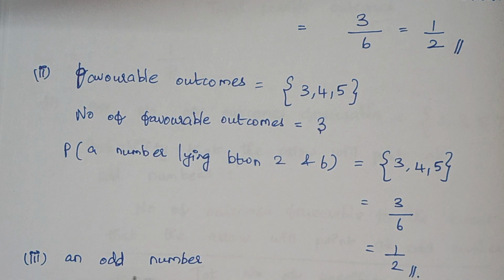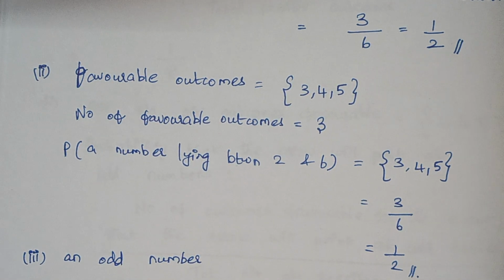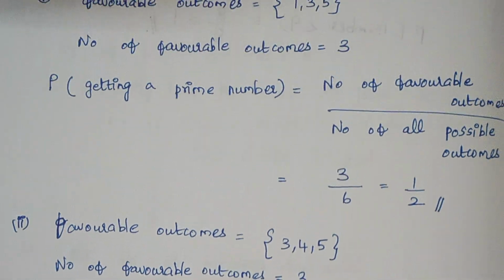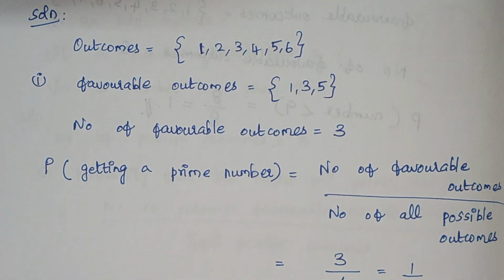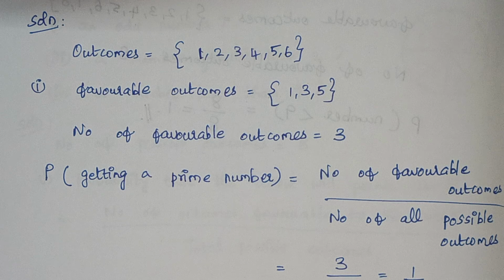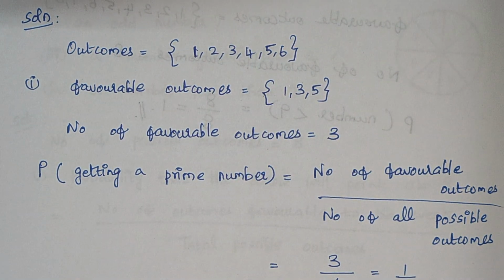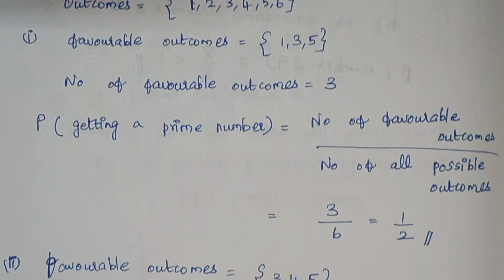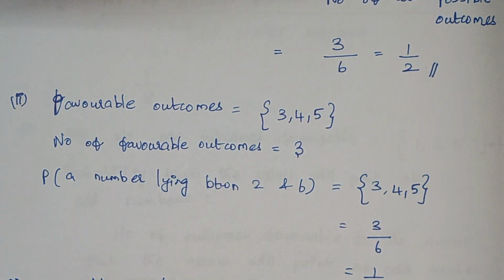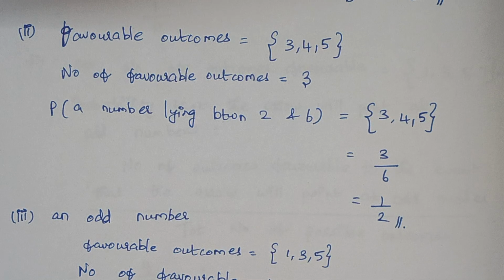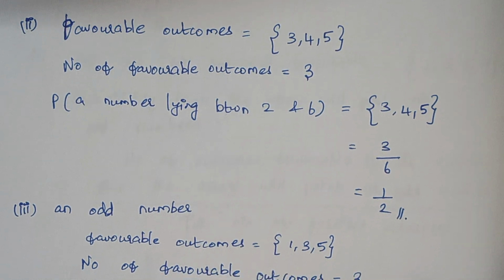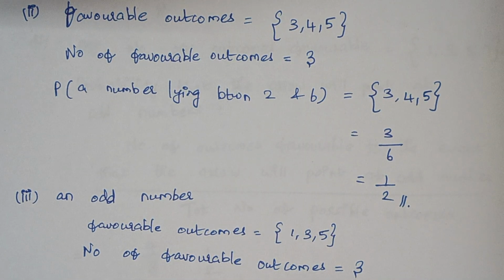So getting an odd number. Again when you look at the possible outcomes here, how many odd numbers do we have? 1, 3 and 5. Again we have 3 odd numbers. Therefore, here the favorable outcomes are 1, 3 and 5. So the number of favorable outcomes is 3, right? 1, 2, 3.